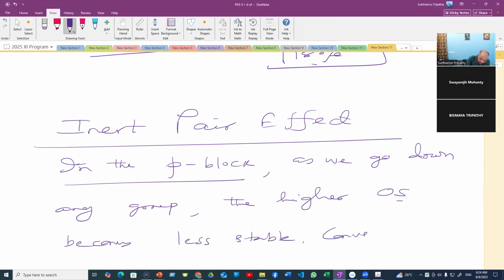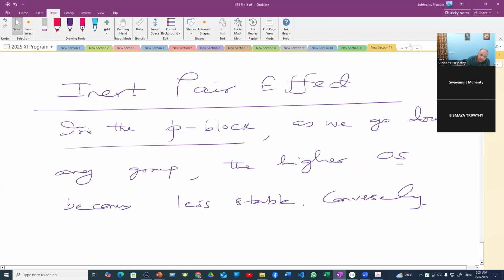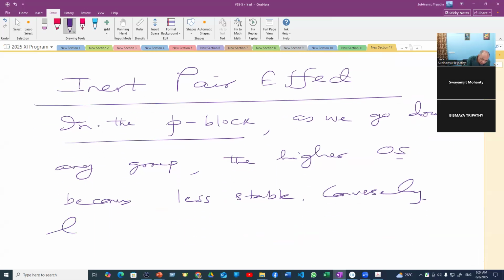Conversely, the lower oxidation state becomes more and more stable.